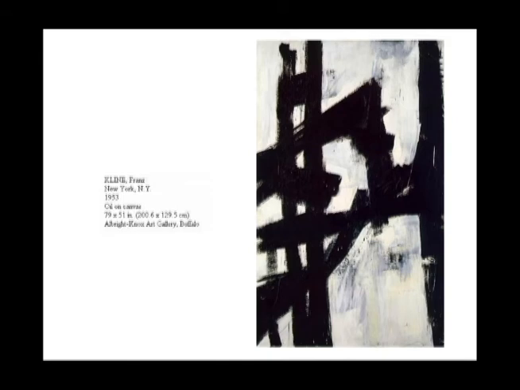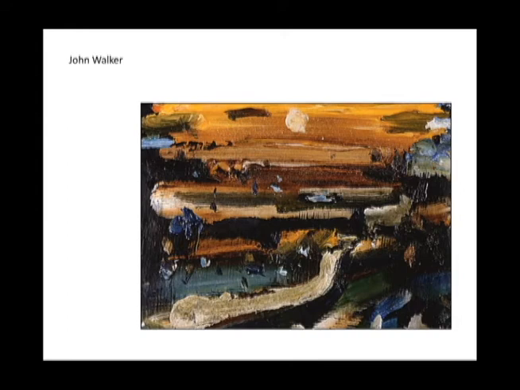Here's another Franz Klein. Almost everyone tells me they see bridges or scaffolding, some kind of fence in this painting. And yet I believe that Klein intended it to be completely abstract. Here's a painting by a painter who works on a very interesting edge between abstraction and representation.